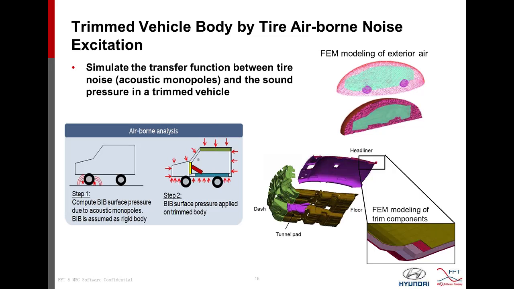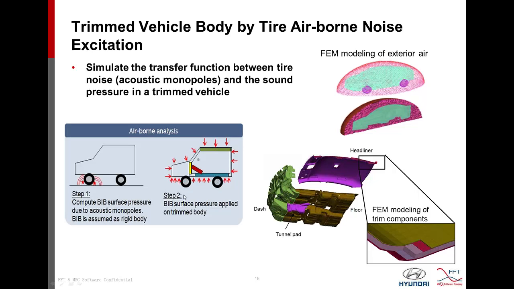Now, to model this transmission behavior, we divided the task into two sub-steps. So in the first step, we used simplified acoustic sources. So they are basically monopoles next to the wheel, and the radiation and scattering of this source will result in a surface pressure on the car surface.